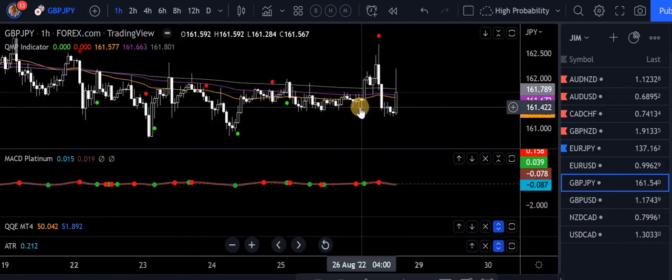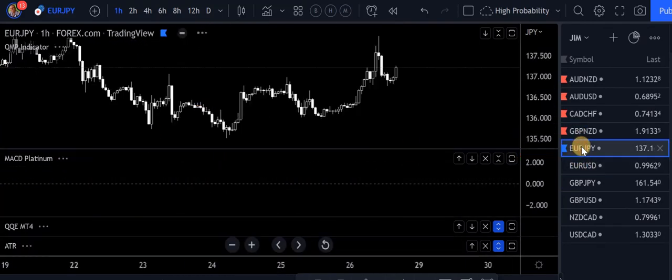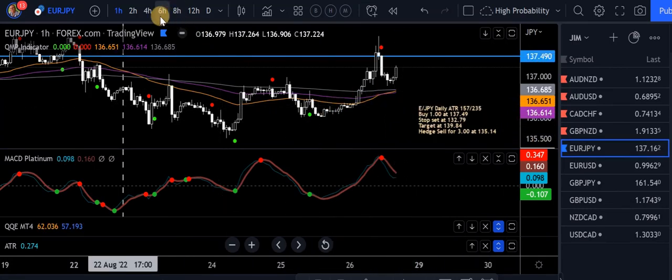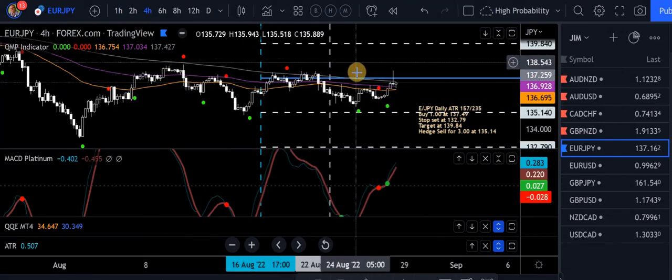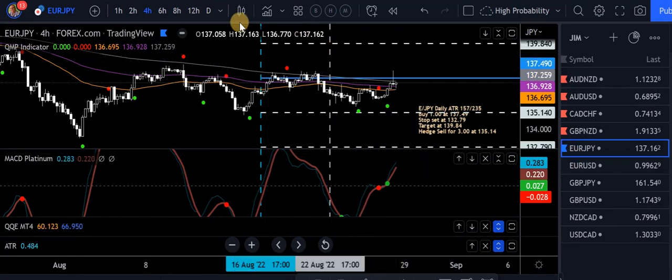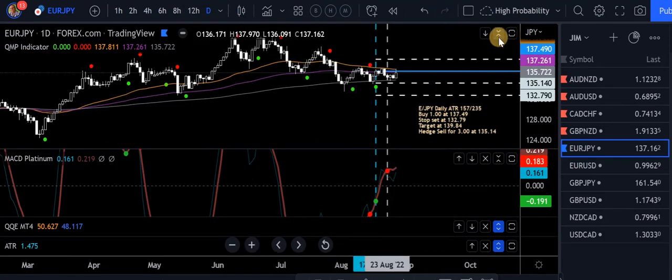Look at this, that's a 1 hour chart. But the system is exactly the same. It works on any time frame. Yeah, I'm in a trade here, but don't worry about that one. Let's have a look at the 4 hours, this is Euro Yen. So, yeah, it's crappy. It's all out of whack. All right, you get the picture.